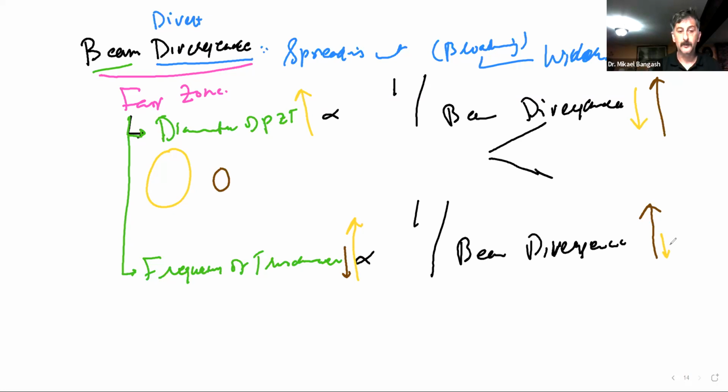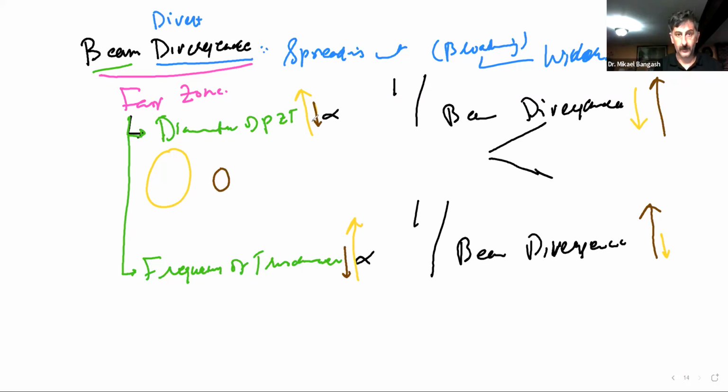So here is the relationship to the same two factors that we had for focal depth, which are going to be inversely related. Clear?